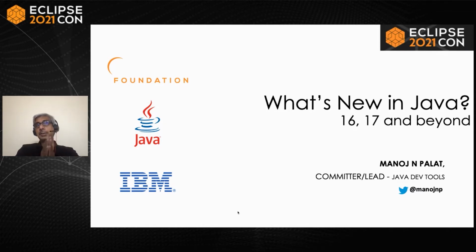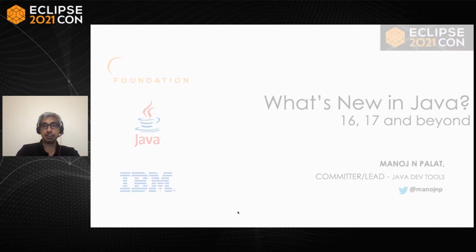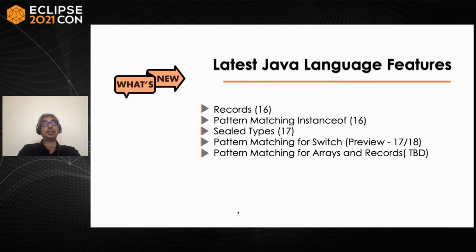But whatever we are speaking here applies to Java in general. The nuances of compilers differ, so if we are talking about a specific error, it is about the Eclipse Java compiler, not the Oracle Java compiler. Anyway, suffice to say that the primary focus nowadays is to get these features out because we have a 6-month release cadence for Java. Now let's get into the latest and greatest of Java language features.